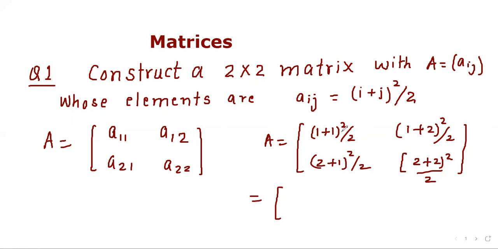So it will become 2 square, means 4 divided by 2, is 2. Here 3 square is 9 divided by 2. This is 3 square, 9 divided by 2. And this is 4 square, 16 divided by 2. So this is the required matrix.